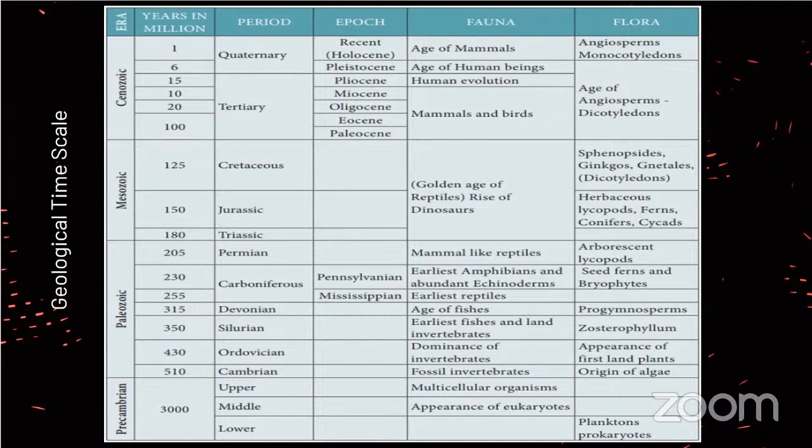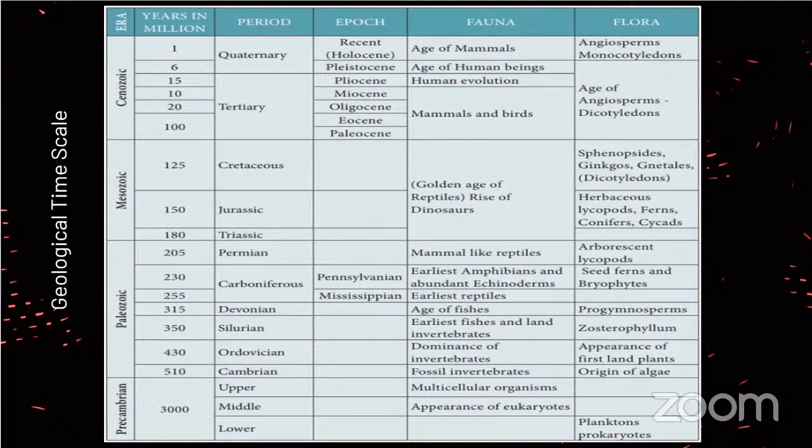And in the uppermost part of the Paleozoic era, in particular in the Carboniferous and Permian, we can find early amphibians and an abundance of echinoids and mammal-like reptiles.